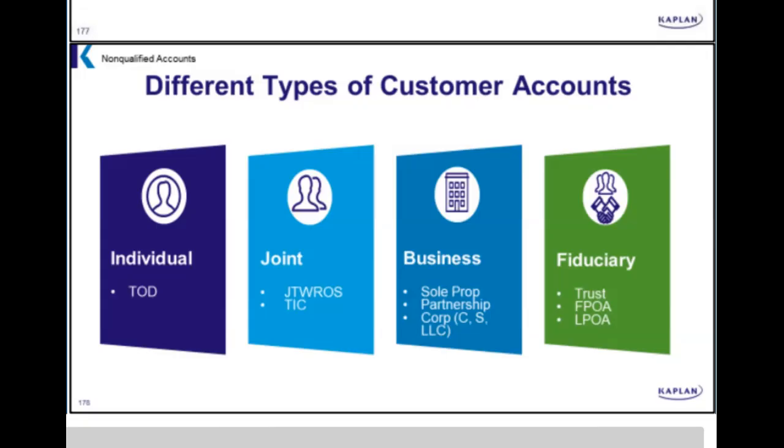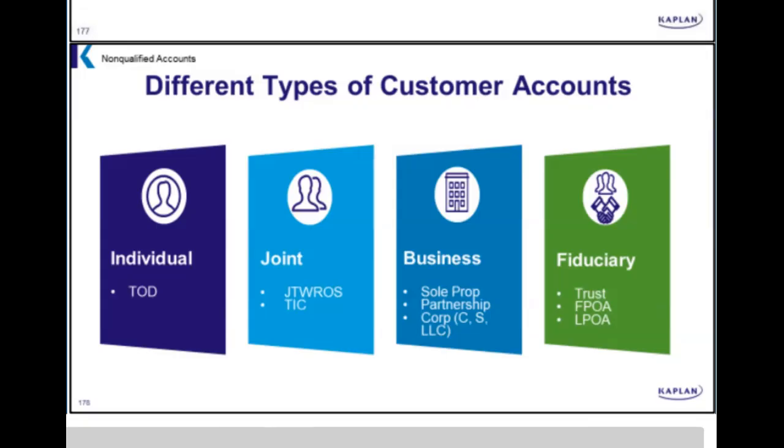Then we have our joint accounts. There's two types of joint accounts. Joint, of course, is referencing two or more. A JTW ROS is a joint tenant with rights of survivorship.